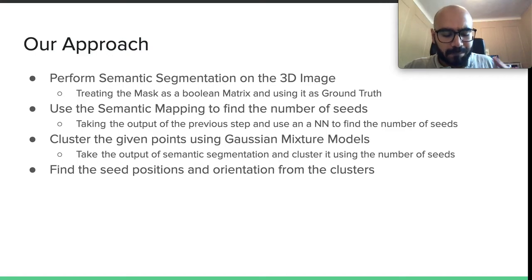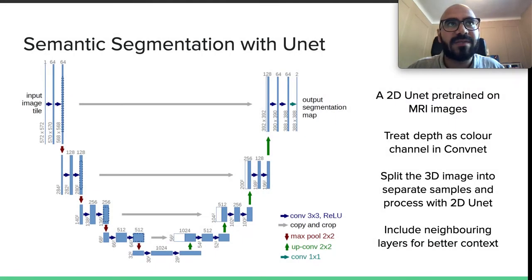We can model all of the seeds in this 3D space with a mixture of Gaussians. After we cluster this with a Gaussian mixture, we can extract the position of the seeds and also the orientation just from the parameters of the Gaussian mixture. The position will be the means, and the orientation can be extracted from the covariance matrix.